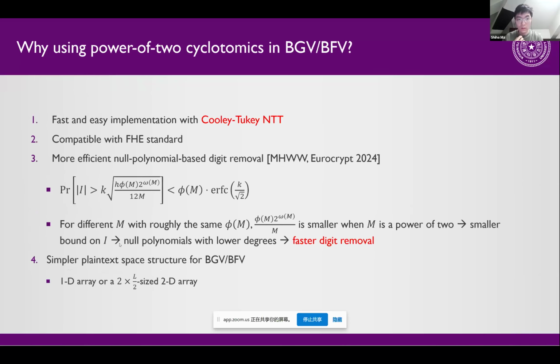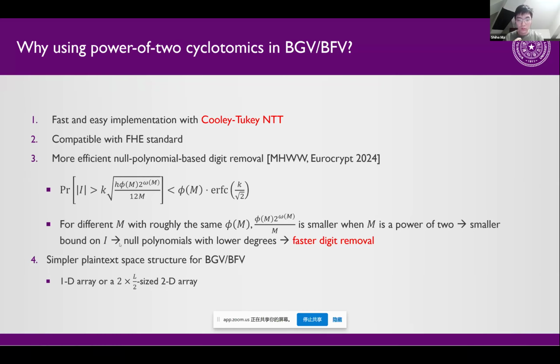And I'd like to discuss why this choice of power-of-2 is so commonly used. First, it enables fast and easy to implement polynomial multiplication with negacyclic NTT. And second, it is compatible with the FHE standard.